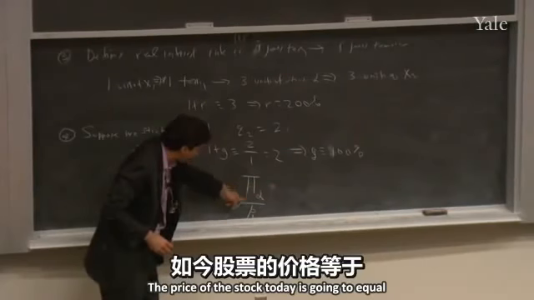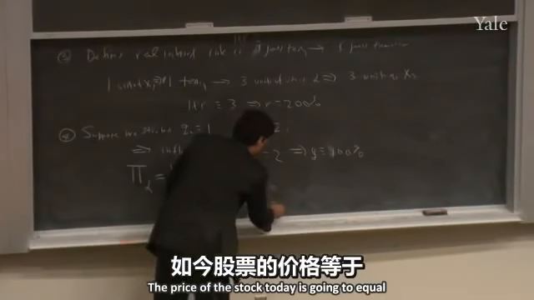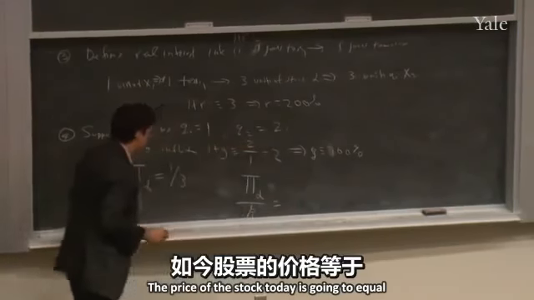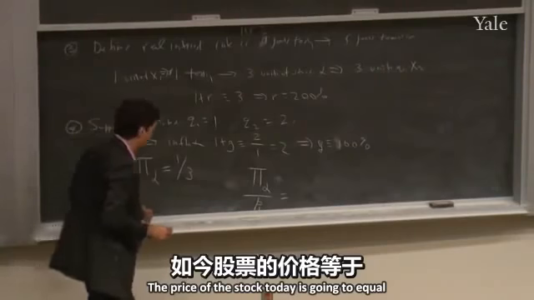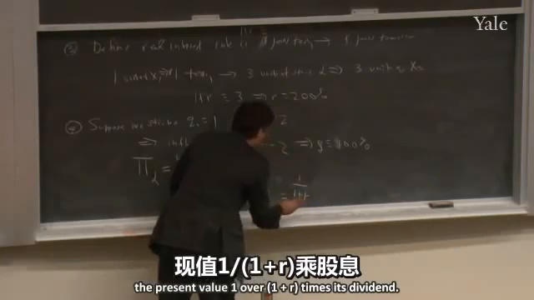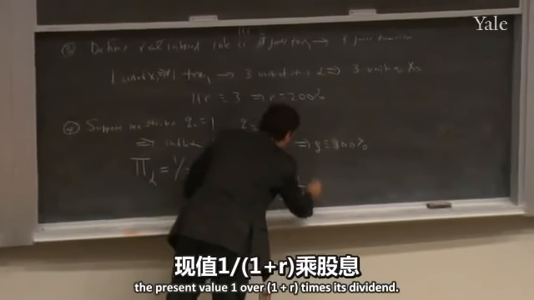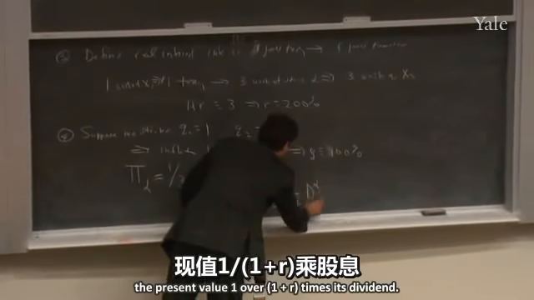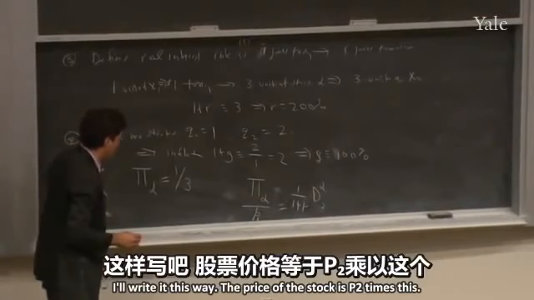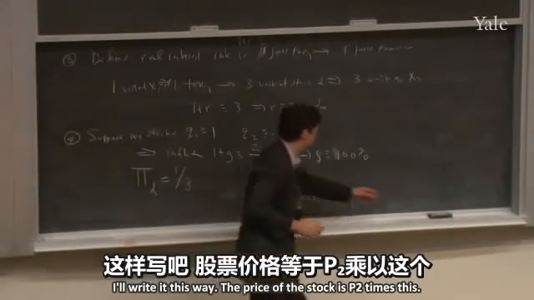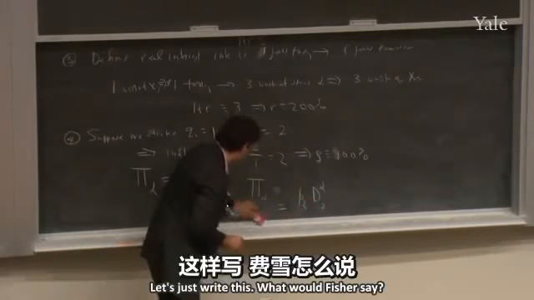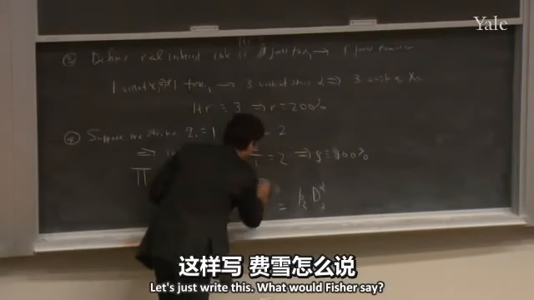So the value of the goods today is going to equal the present value, 1 over 1 plus r, times its dividend. The price of the stock is P2 times this. Let's just write this.